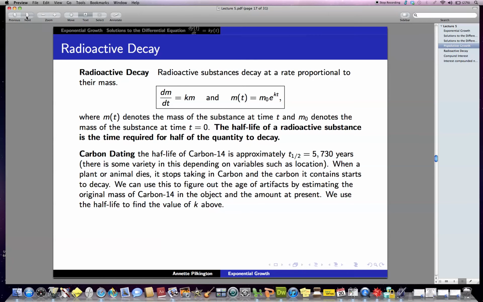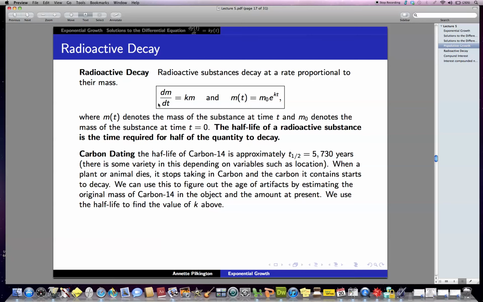Other places where exponential growth is very useful is radioactive decay, and radioactive substances decay at a rate proportional to their mass. So they follow this equation. The derivative of the mass with respect to time is k times the mass, where the k varies depending on what substance we're talking about.